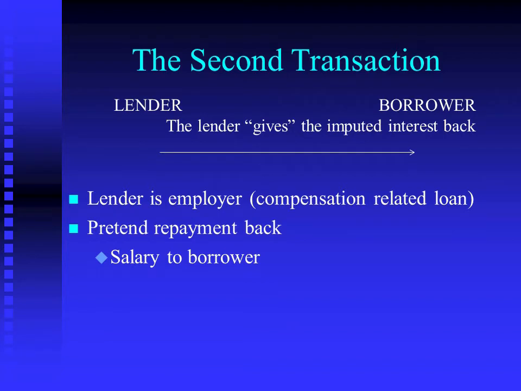So now the pretend repayment back, that is the money that the employer is giving back to the employee. Well, the primary classification for what comes from an employer to employee is simply salary.